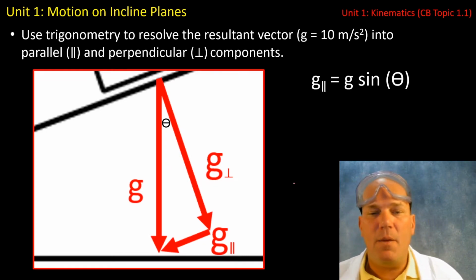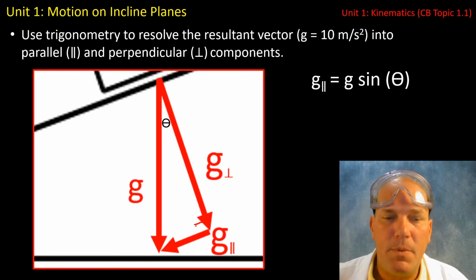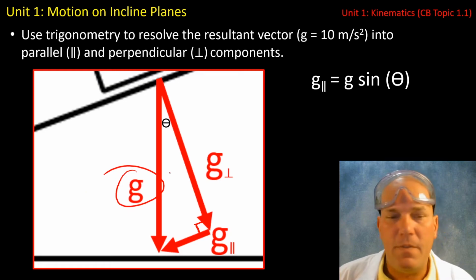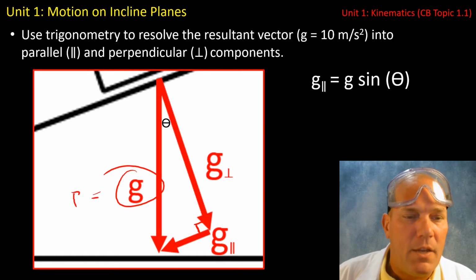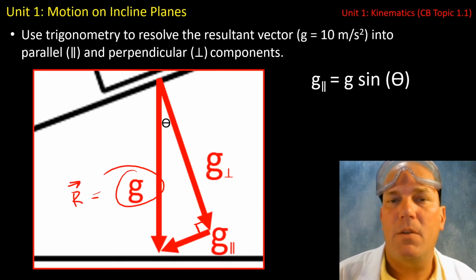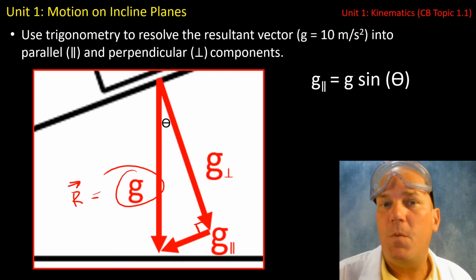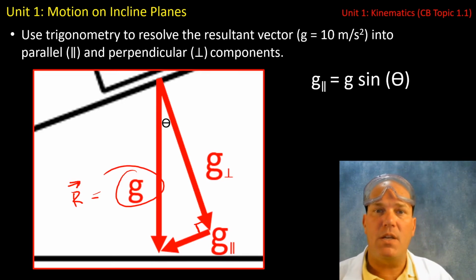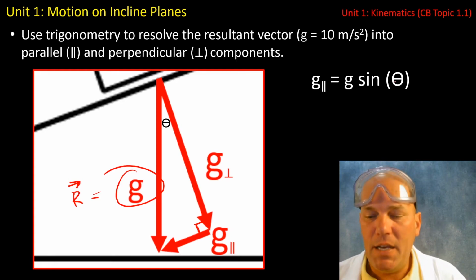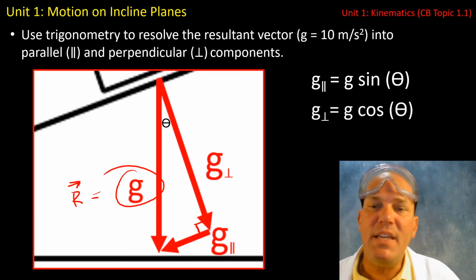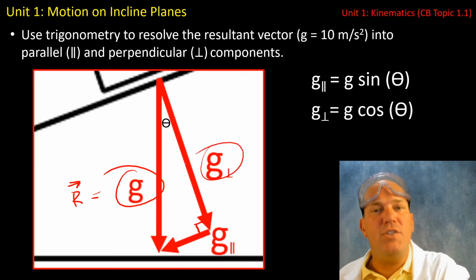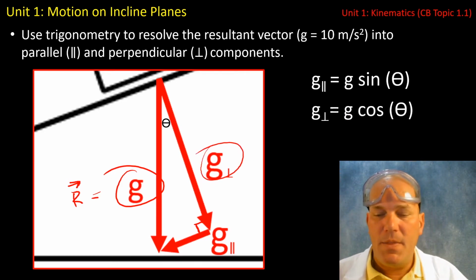If we use trig, this is our resultant vector, and that is our hypotenuse. We have our perpendicular and parallel components. Solving for the parallel component of the acceleration due to gravity, we get g sine theta. Likewise, for the perpendicular or adjacent side, we get g cosine theta.